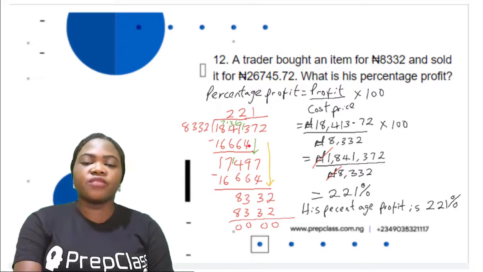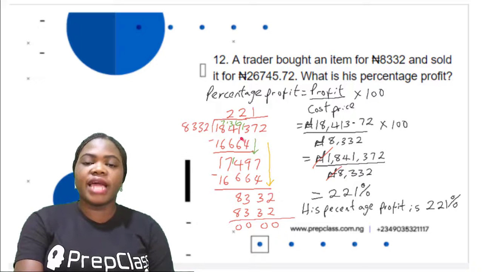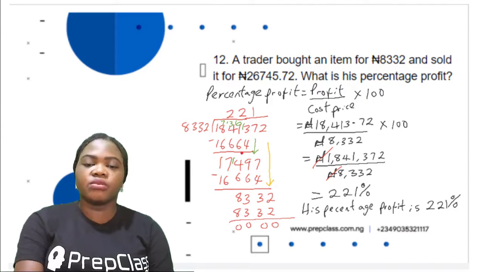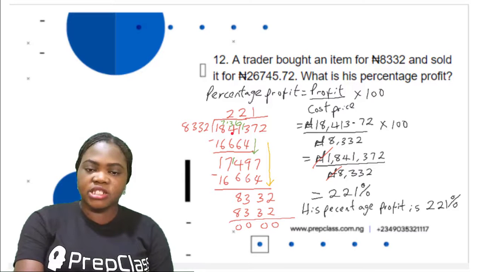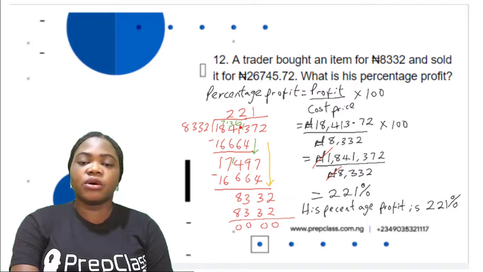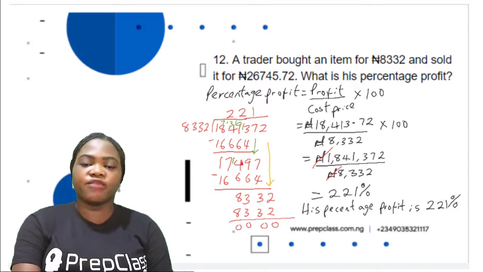3 minus 4 is not possible, so we get 1 from 1 here, and then this remains 0, and then this becomes 13. 13 minus 4 is 9. 0 minus 6 is not possible, so we have to get 1 from the next digit, which is 4, and then if we take 1, it becomes 3, and then this becomes 10. 10 minus 6 is 4.